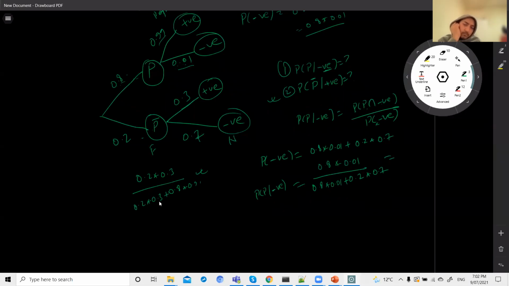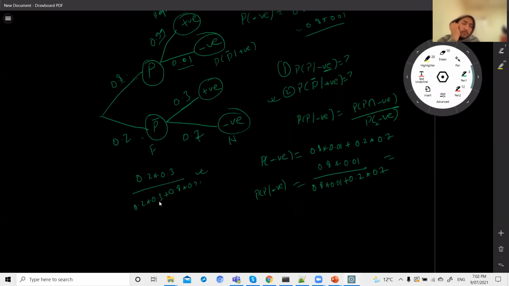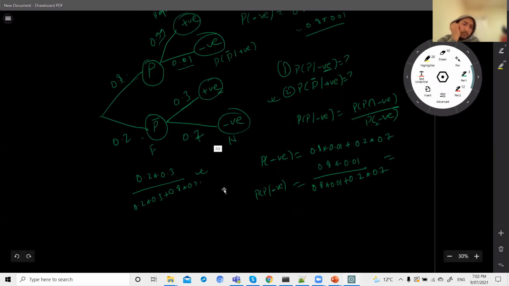If we did this times this, this is called the probability of pregnant given being positive, right? This times this is what we did based on this formula, divided by the probability of B, which is positive. So this is the same formula that we applied here.